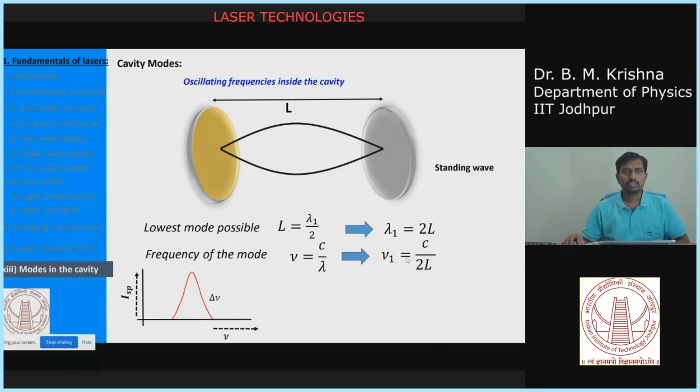Now, this frequency is not a sharp frequency. It always has a width associated with it. This is your natural line width because of the excited states.